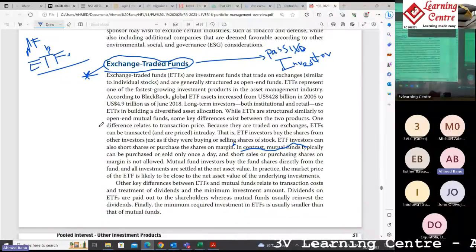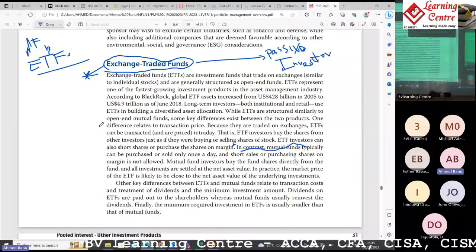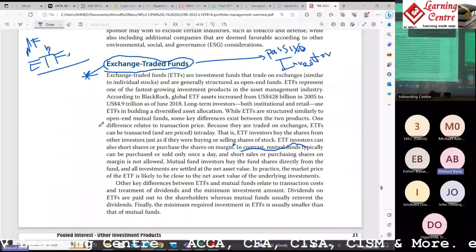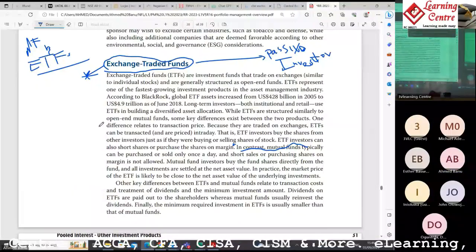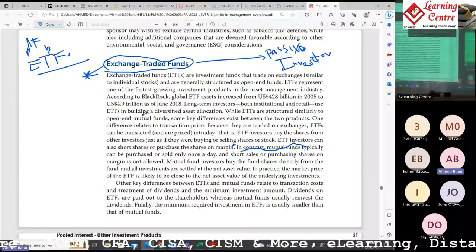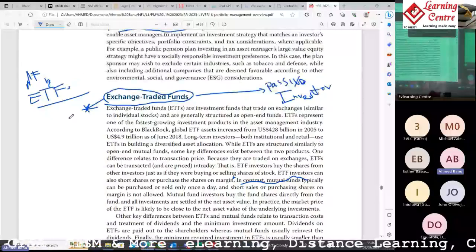There's no minimum investment amount. That's the differences between a mutual fund and ETFs.